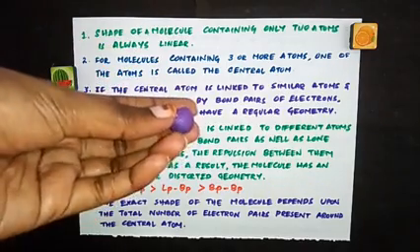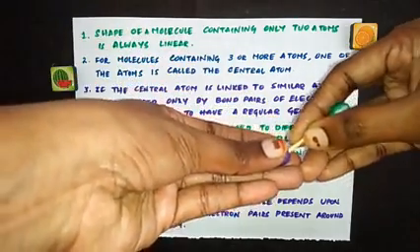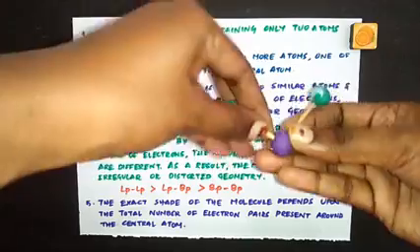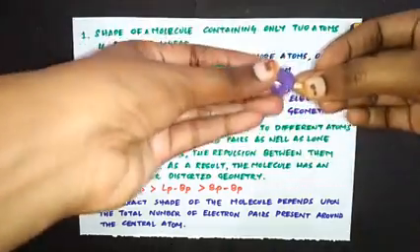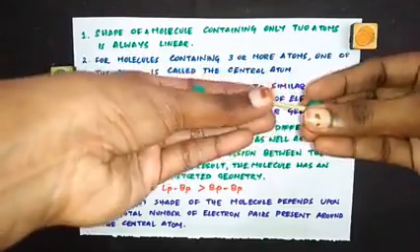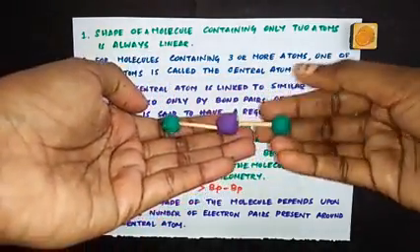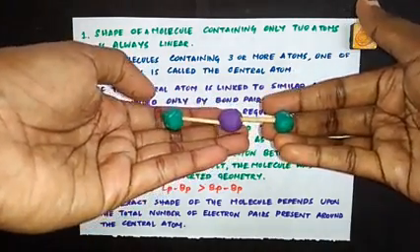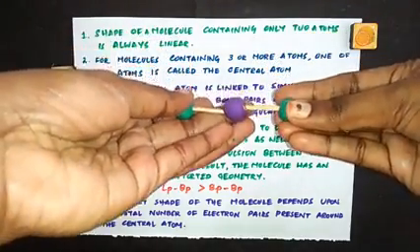If this central atom is bonded to two other atoms, I'm taking this as one atom and this as another atom, so these two are bond pairs. We expect it to be like this. Because this bond pair repels this bond pair, they are at the maximum distance so that the repulsion between them will be minimum. They are not like this because they would repel each other.